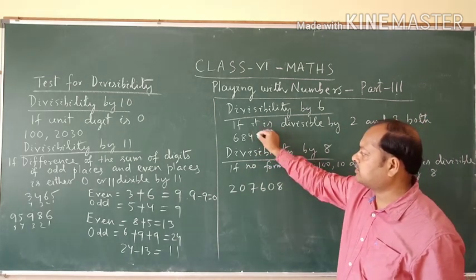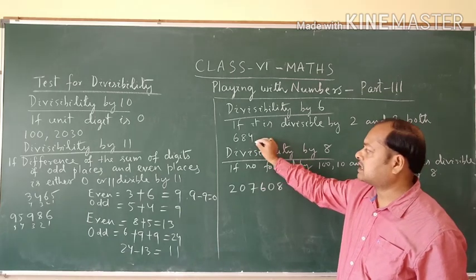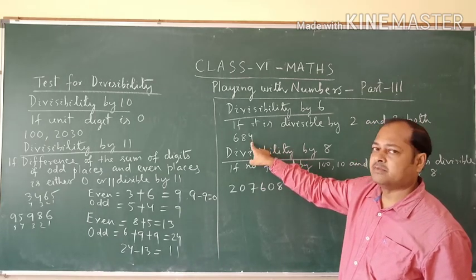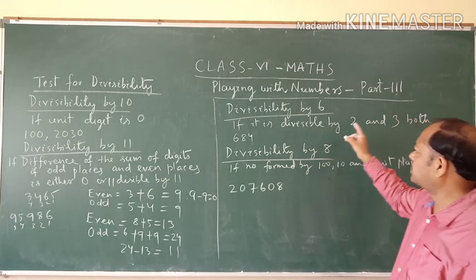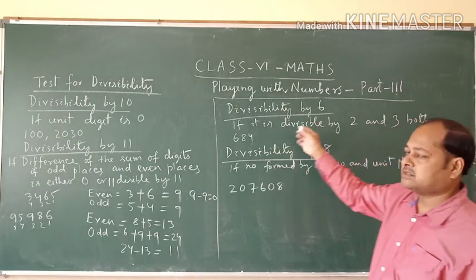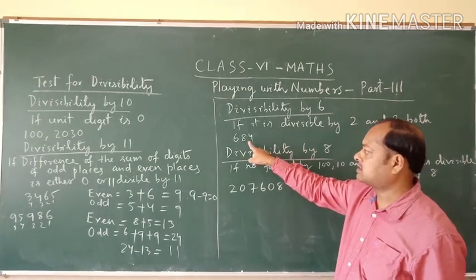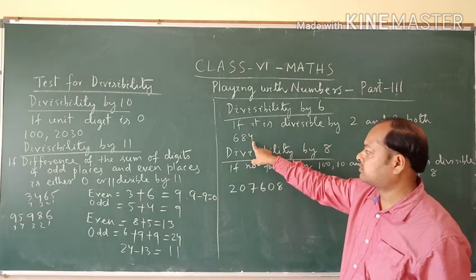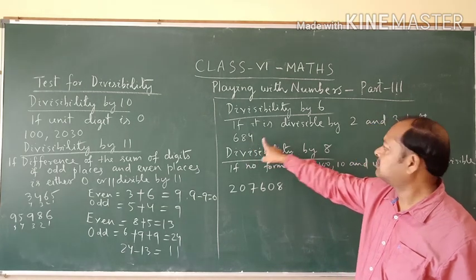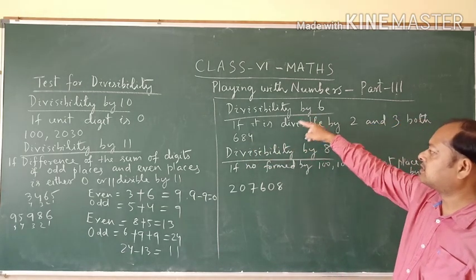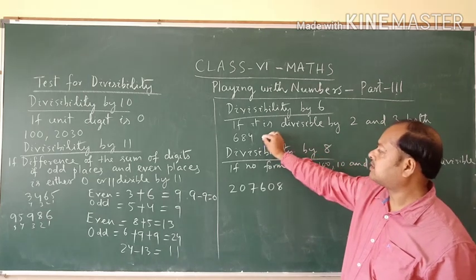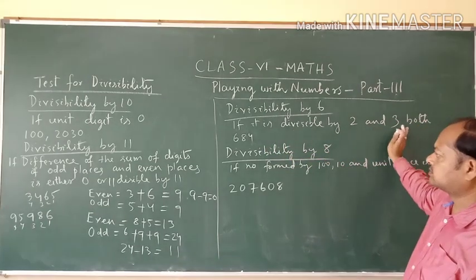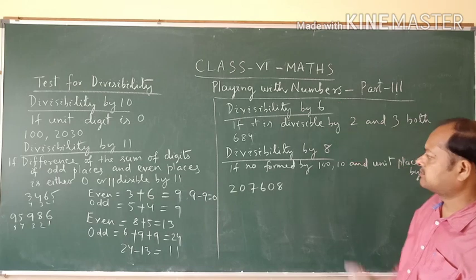The digit 4 is present here, and 4 is divisible by 2. And what is the divisibility rule of 3? The sum of the digits: 6 plus 8 is 14, 14 plus 4 is 18, and 18 is divisible by 3. That means this number 684 is divisible by both 2 and 3, so it is the rule for 6.